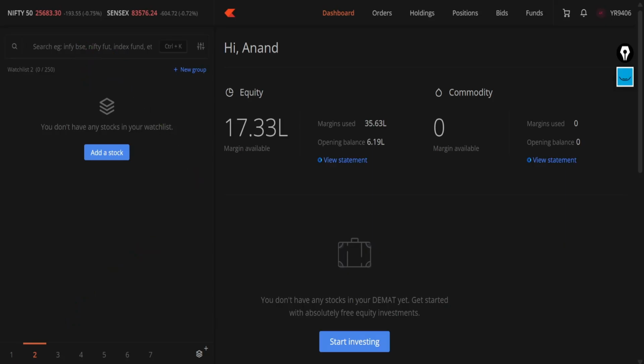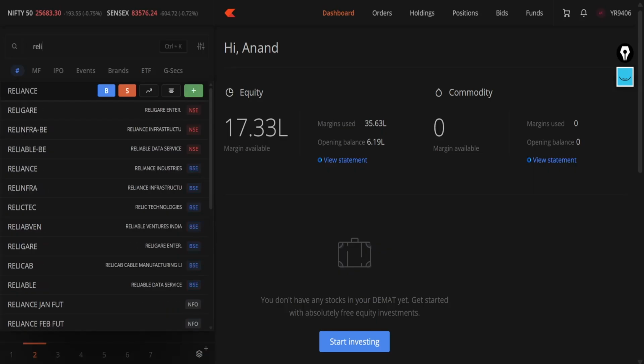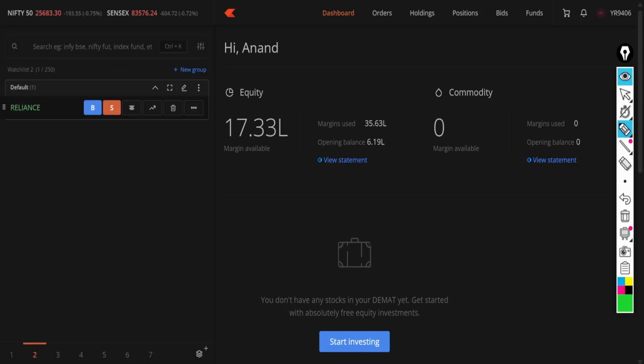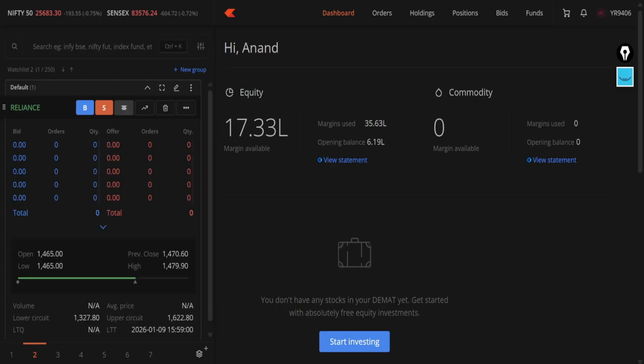So I am typing Reliance here and adding it to my watch list. Reliance is now added to my watch list. Now by clicking this button, the market depth for Reliance will be visible here.